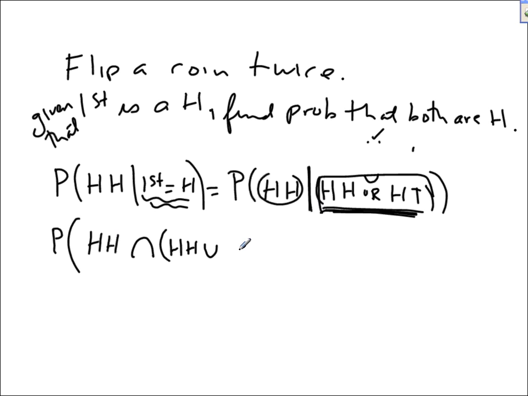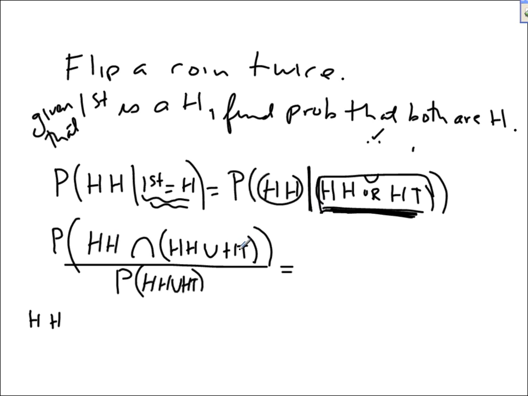HH or HT, divided by the probability of this, getting HH or HT. Well, let's do the bottom. When you toss two coins, you can get head and then a head, or head and then a tail, or you can get a tail first and head or tail second.